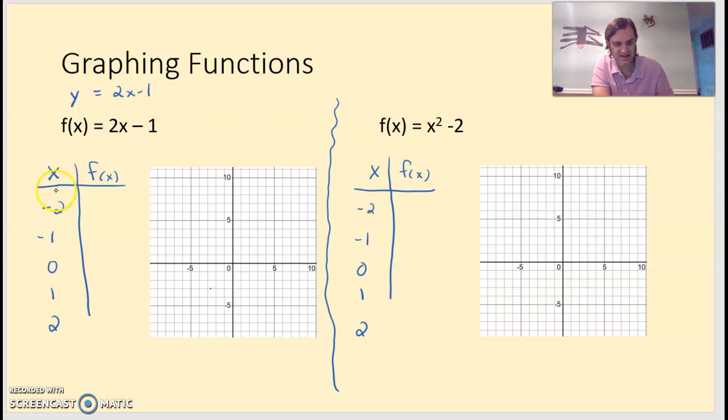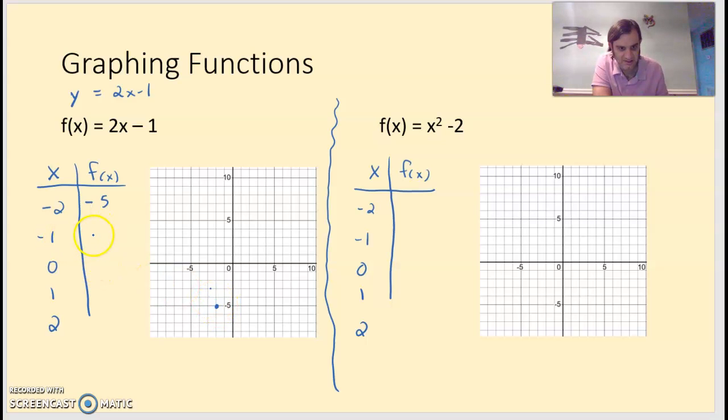So for x values, I've got a list of points here, but let's calculate them. So I'm going to plug them into 2x minus 1. So when I plug negative 2 in, I will get negative 5. And I can plot that point, negative 2, negative 5.